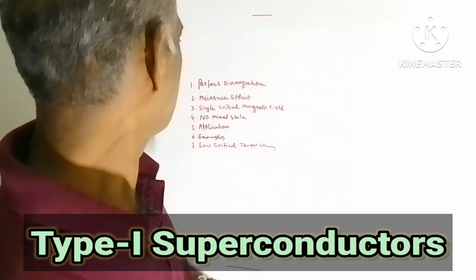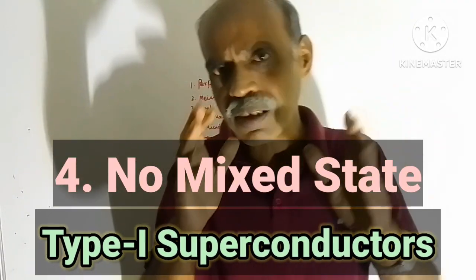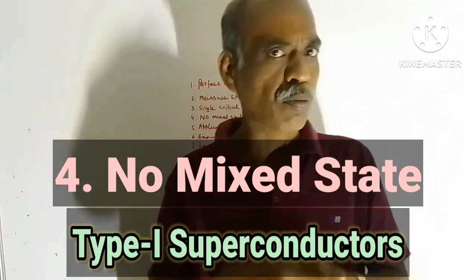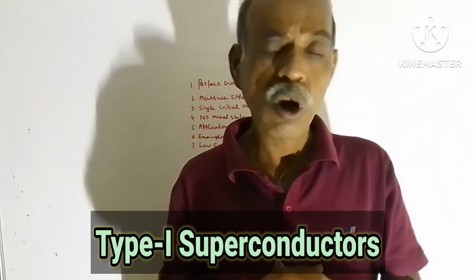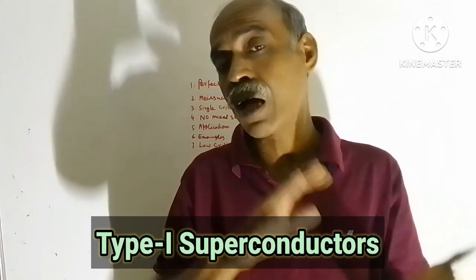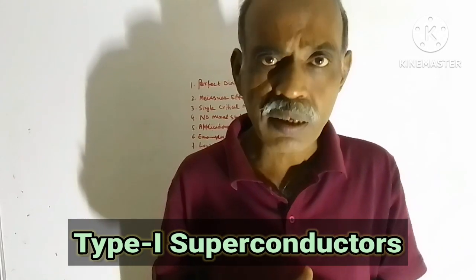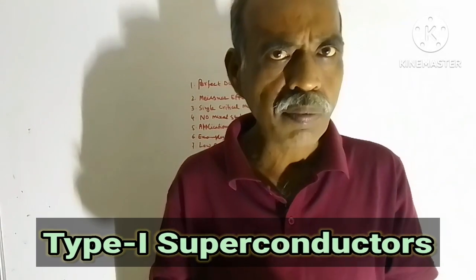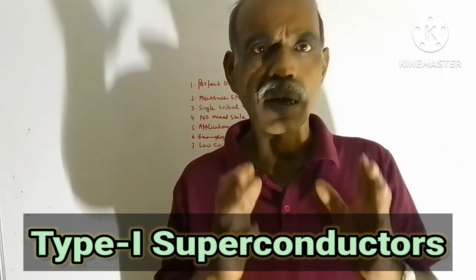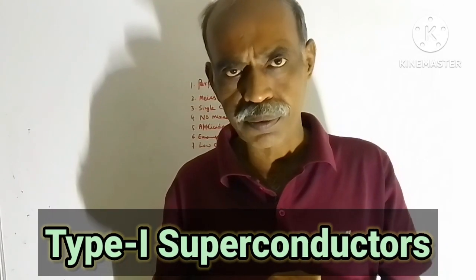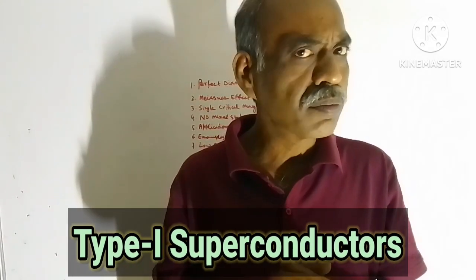Next point is no mixed state. For certain materials, mixed states are observed. Not for diamagnetic materials, but for other materials such as paramagnetic or ferromagnetic materials, a mixed state is observed. What is the meaning of this mixed state?